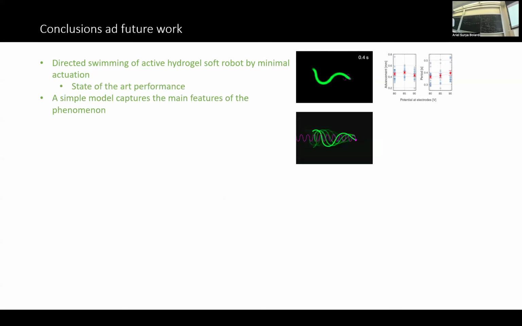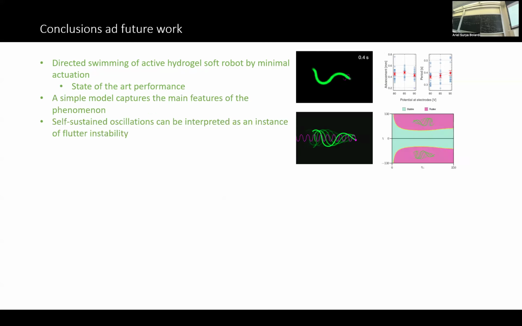And we show that a very simple model can represent and predict the main features of this phenomenon, and also allowed us to explain and characterize the behavior observed in experiments as an instance of flutter instability.